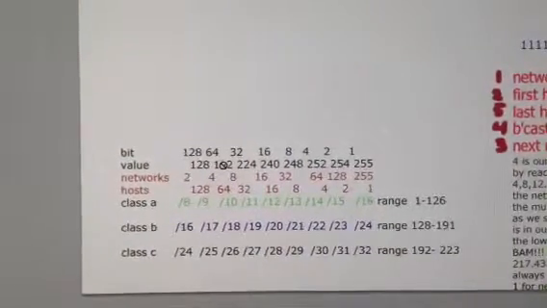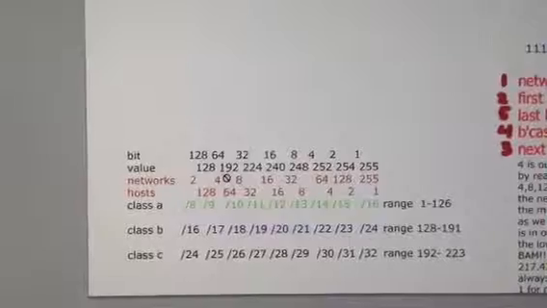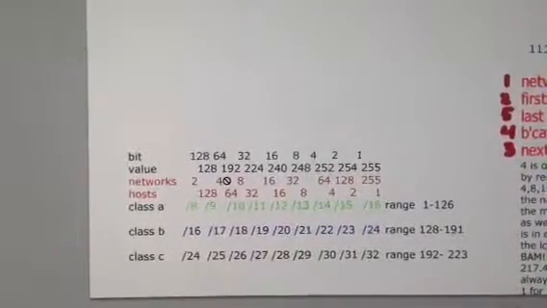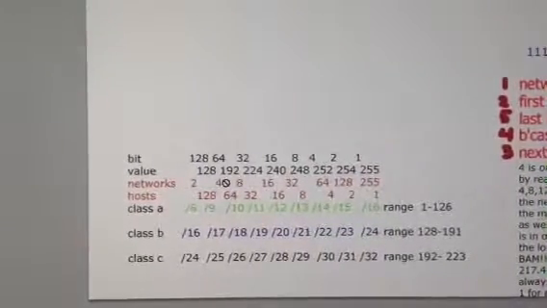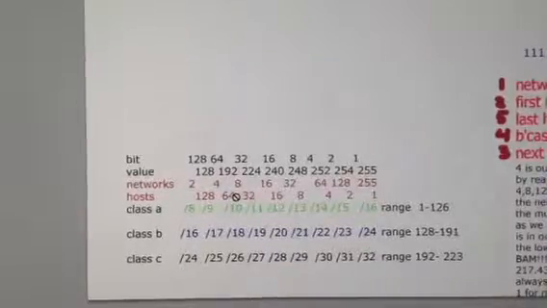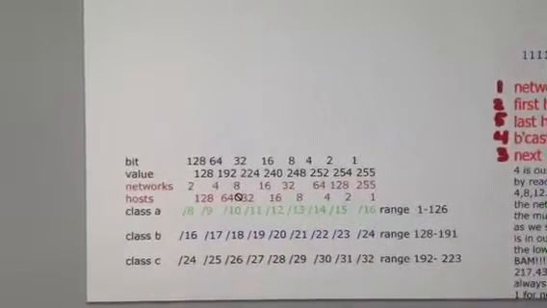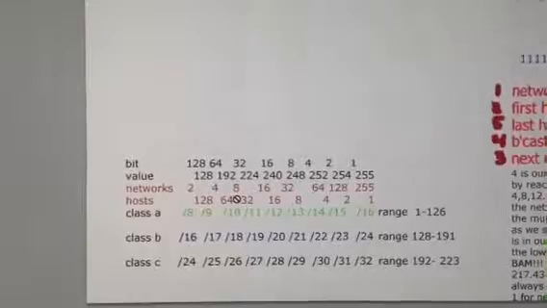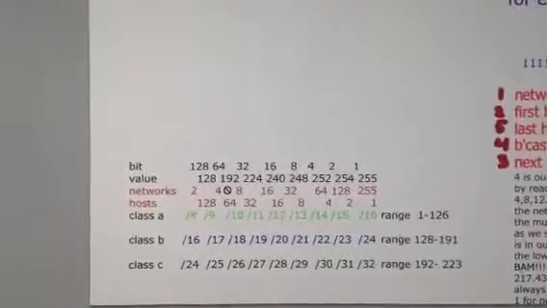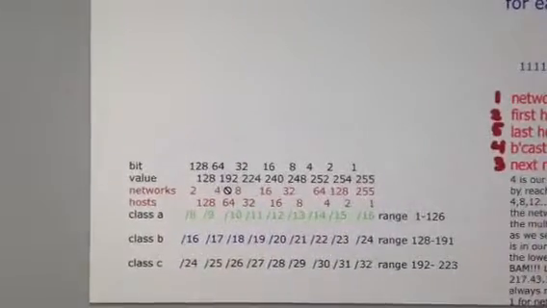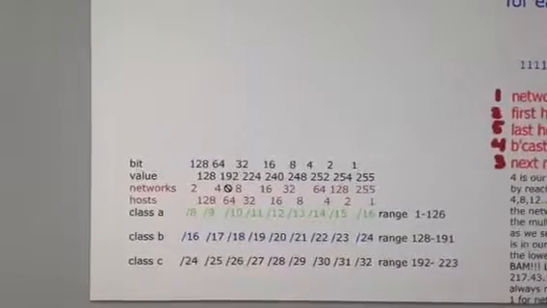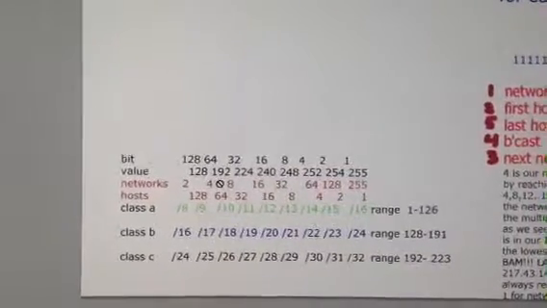Well, that 192 corresponds to having 4 networks and having 64 hosts. But keep in mind, you will be subtracting 2 from these numbers because of that broadcast and network ID number.